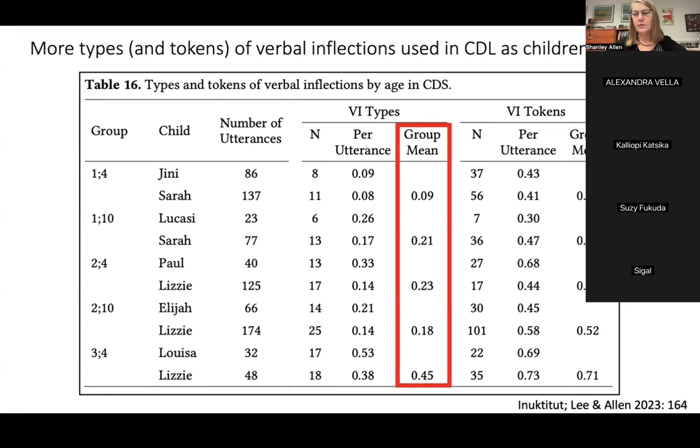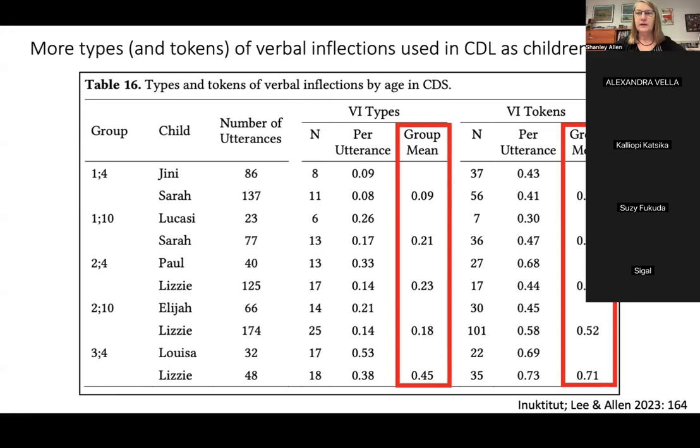And so one thing I would like you to focus on is the group mean here, and we see that the number of verb inflection types increases from 0.09 verb inflections per utterance to 0.45 by the oldest age group. And so that means that children are being exposed to a wider variety of inflections as they get older.